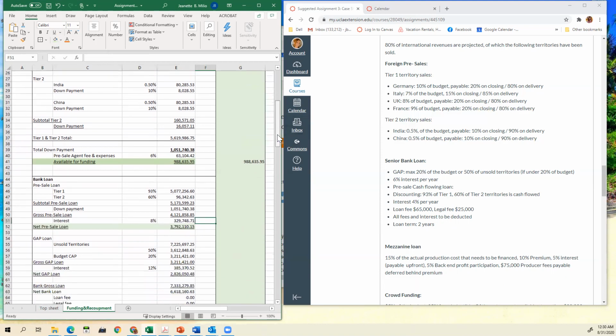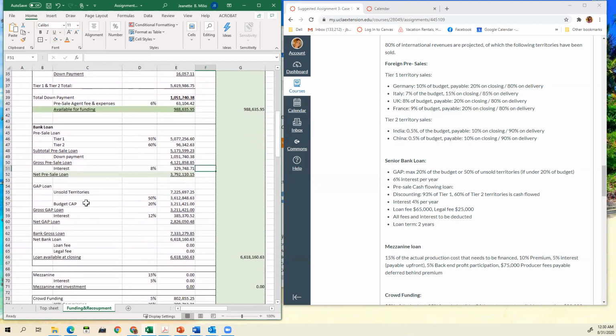And then the next one, we're figuring out what are our unsold rights. And you remember that the definition for unsold rights is you take all your sales estimates and you deduct your pre-sales because that's what you have now sold. And then you have the rights left that you can still sell.